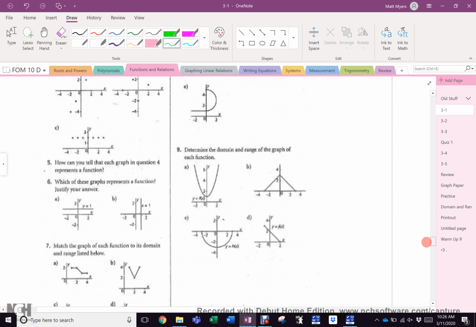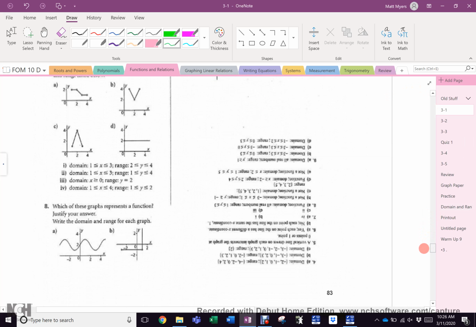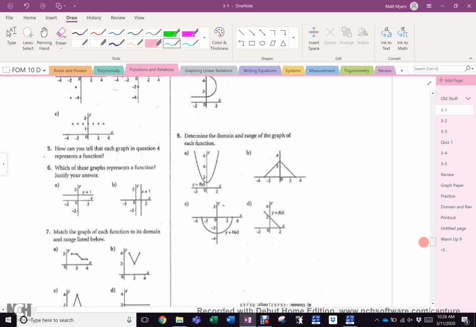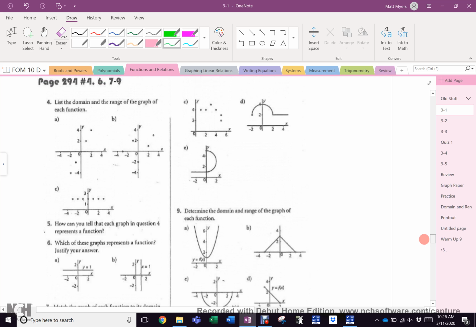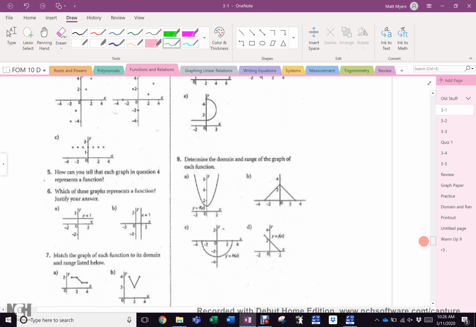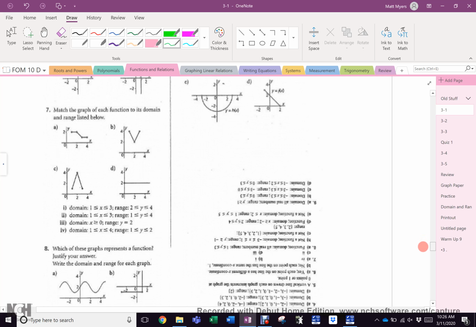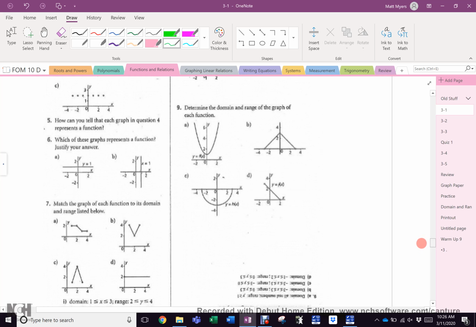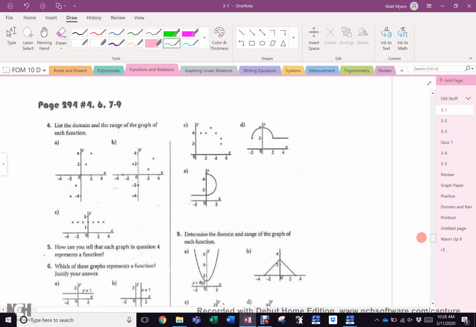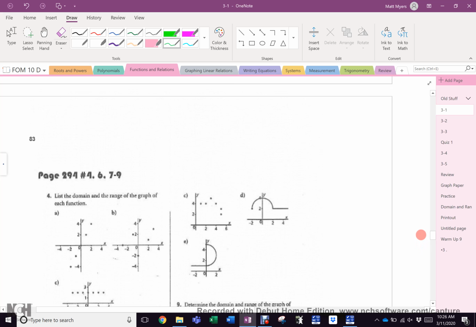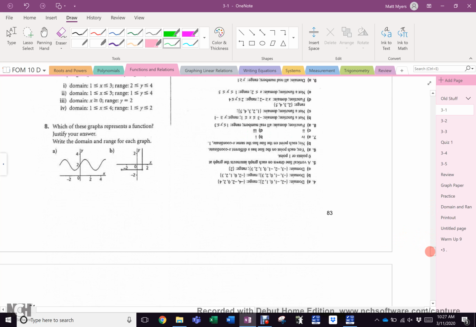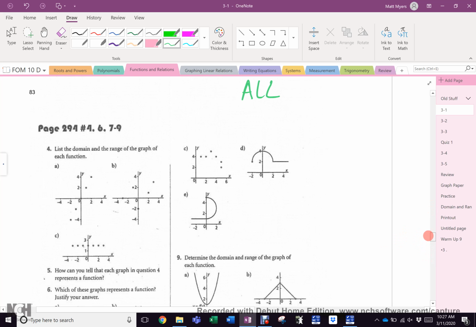Then go to the next page. On the next page, you can do as much of that as you see fit. If you do a few and you're getting all the right answers, you could probably stop. Everybody good? All right. That's your job right now.